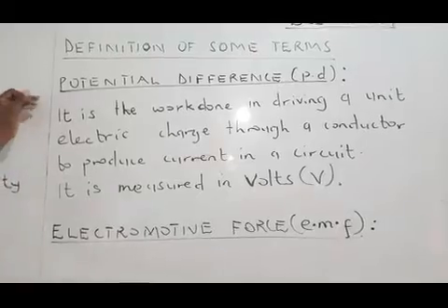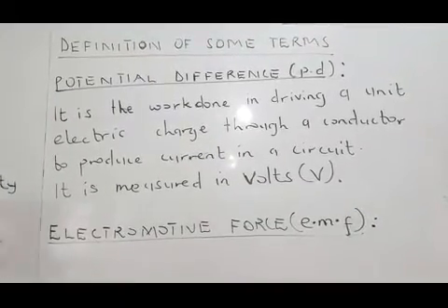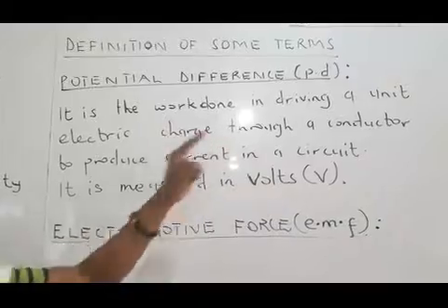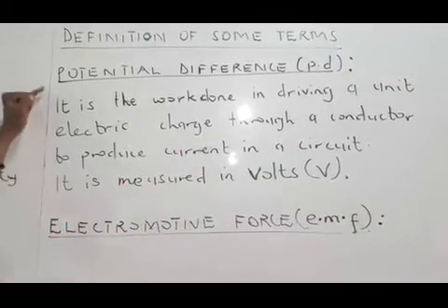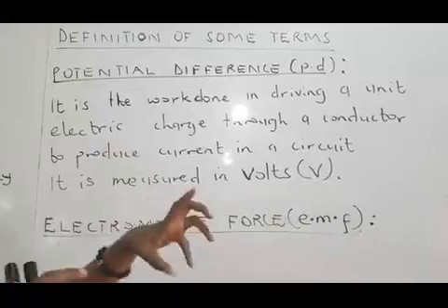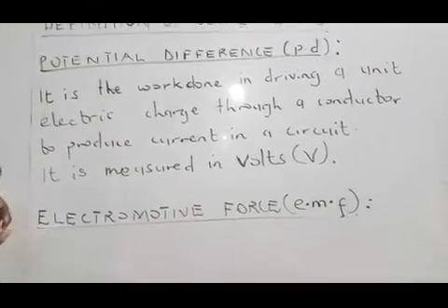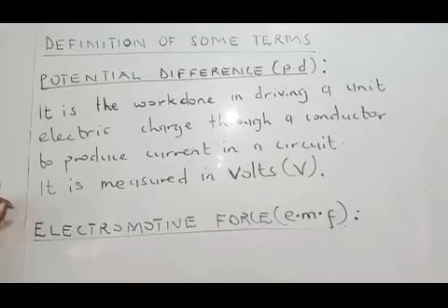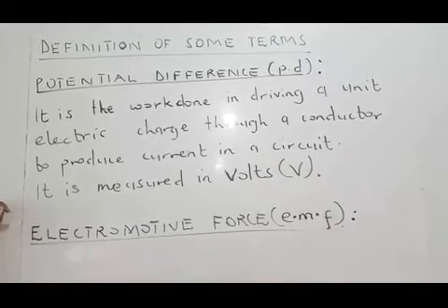Now, in connection to PD, I said that the work that is done in driving a unit electric charge through a conductor is referred to as potential difference. Now, for that electric charge to be driven through the conductor, a force is needed.